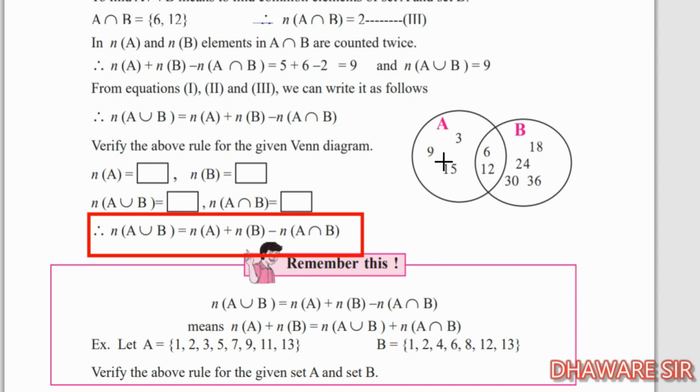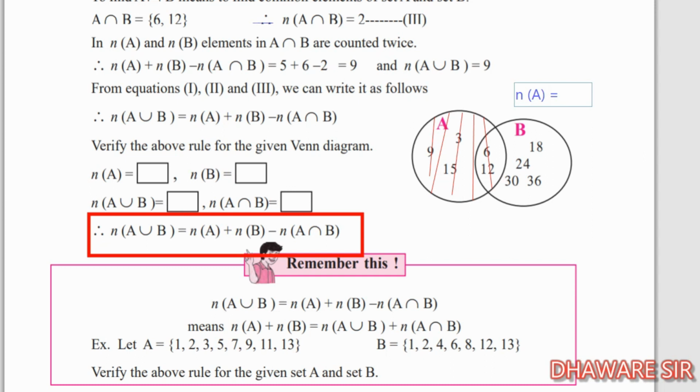n(A union B): this is set A and this is set B. Now this is the set A, and how many elements are in this set? So we can write n, the small letter n, of A, equal to how many elements are here.